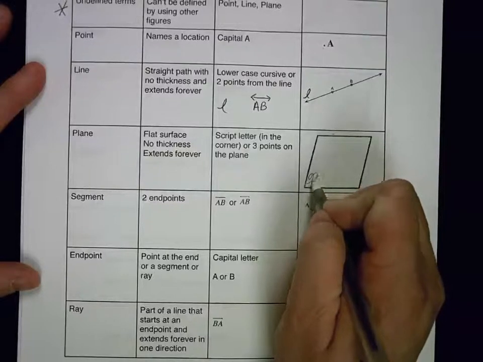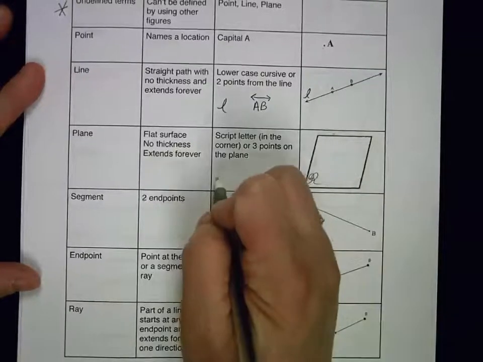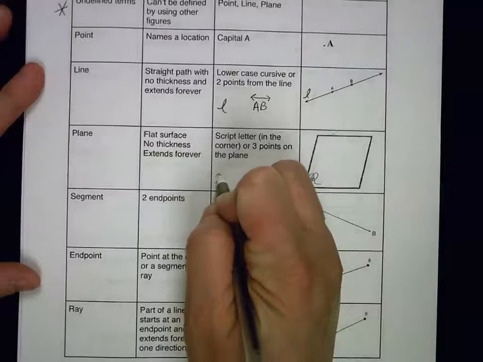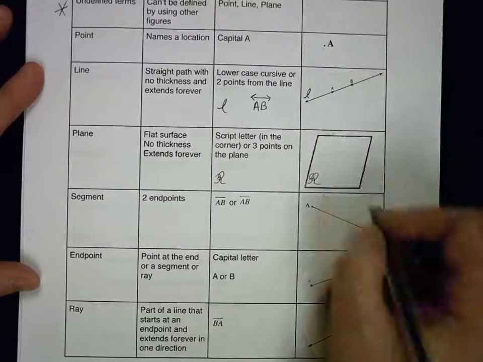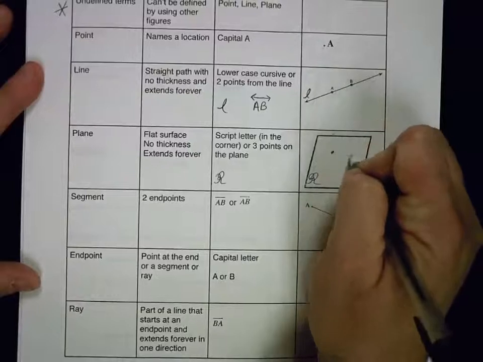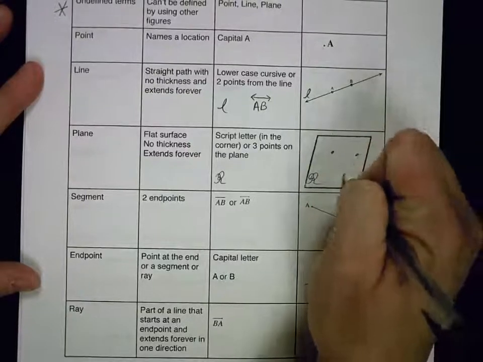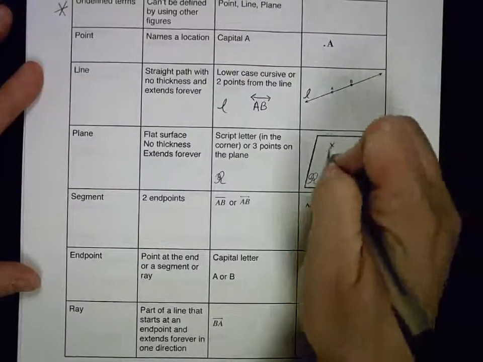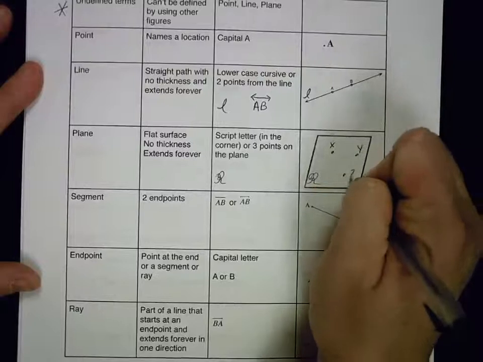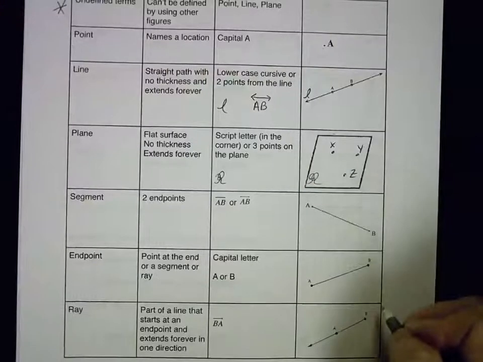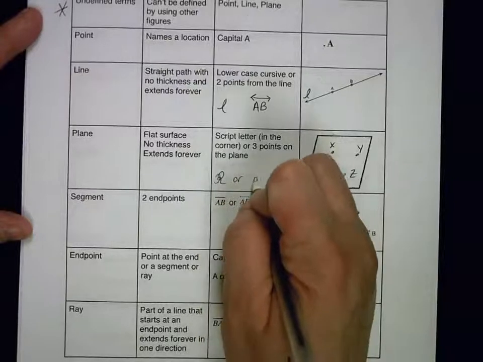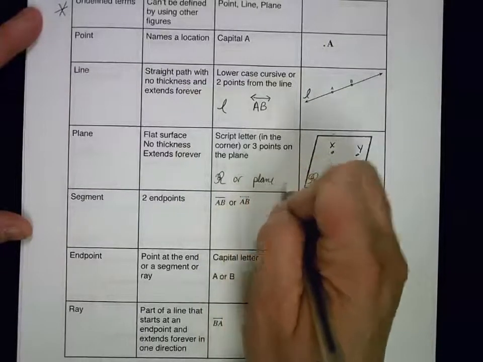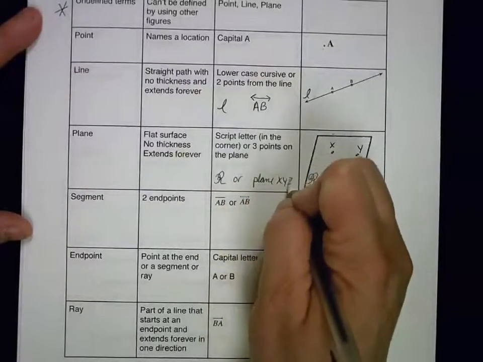I'm going to go kind of like that, and we could call that plane R, or we can name any 3 points on the plane. I'm going to call those X, Y, and Z, and you could call that plane X, Y, Z.